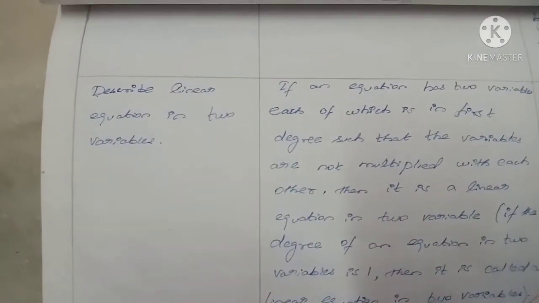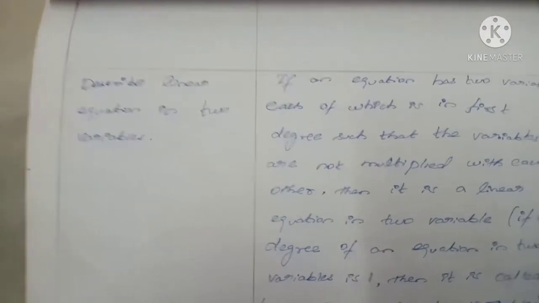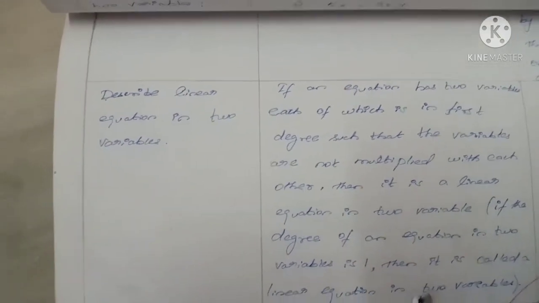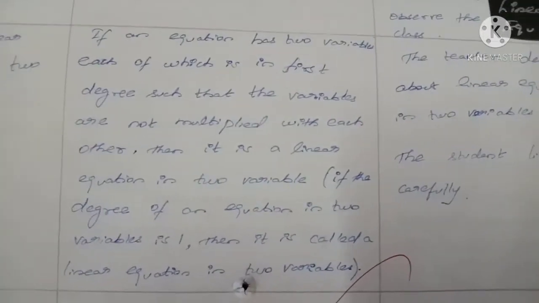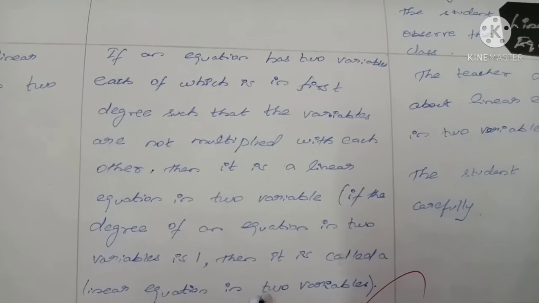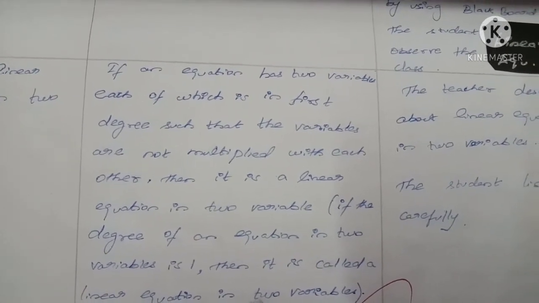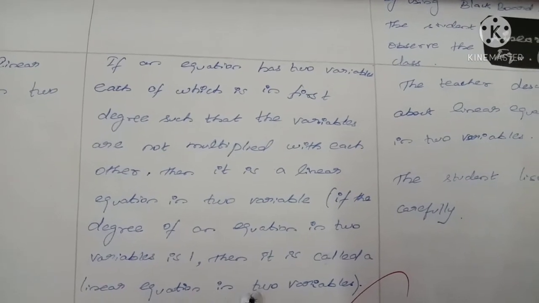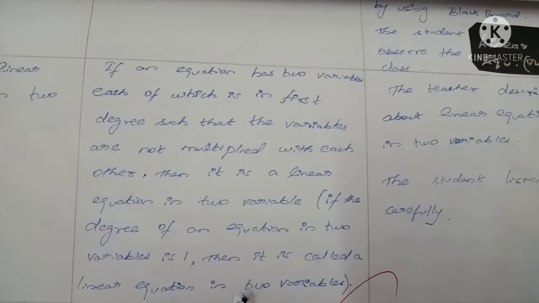In the next row, first box: describe linear equation in two variables. In the next box: if an equation has two variables, each of which is in the first degree, such that the variables are not multiplied with each other, then it is a linear equation in two variables.